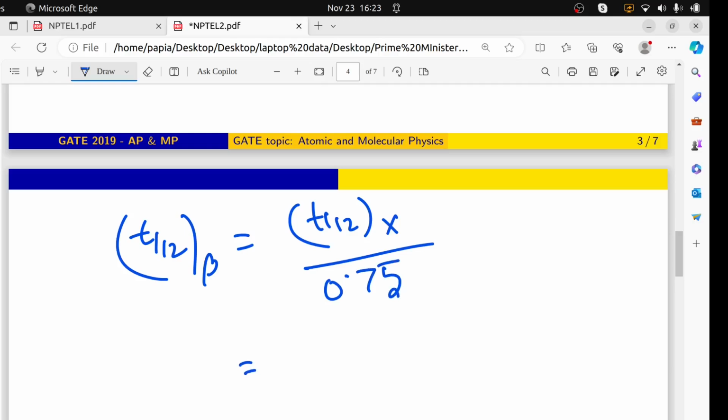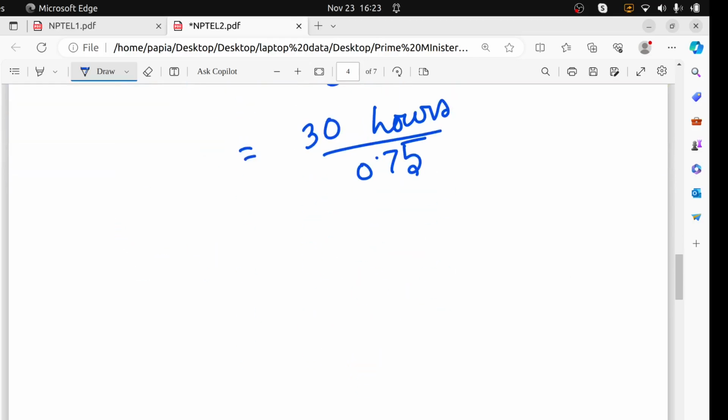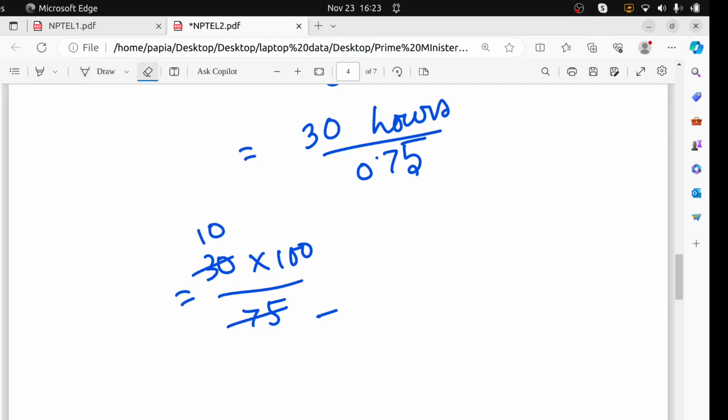Then what will be the answer here? The answer will be 30 hours divided by 0.75. So it will be 30 into 100 divided by 75, and this works out to 40.